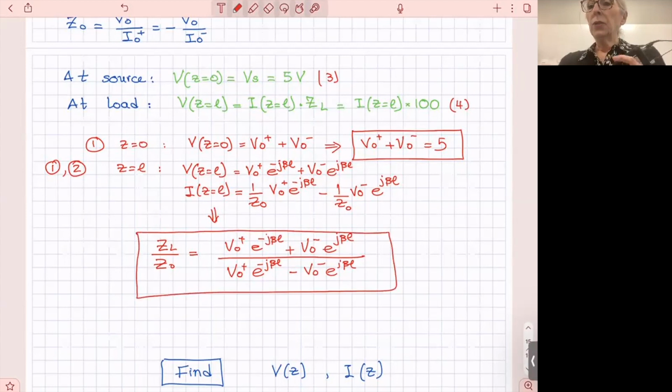All right. And then I can find from these two both V naught plus and V naught minus.